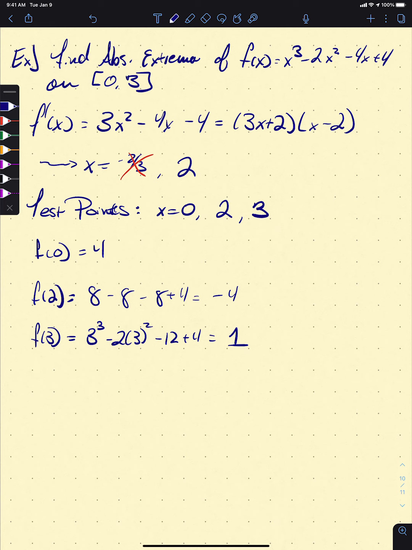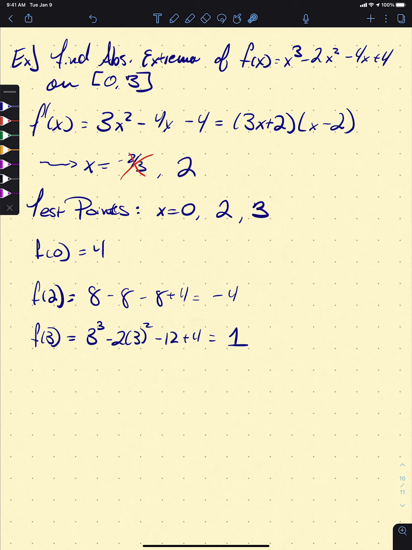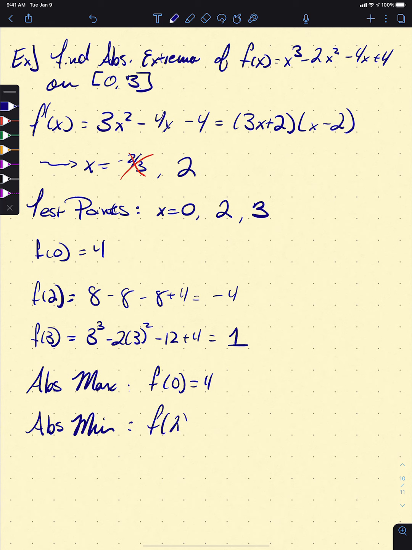And now with this information, we can conclude, right, just by comparing all of the possible candidates that could be our absolute minimum or maximum, and picking the biggest one for the absolute max, right, which is f of 0 equals 4, and then picking the least one for an absolute minimum of f of 2 equals negative 4.